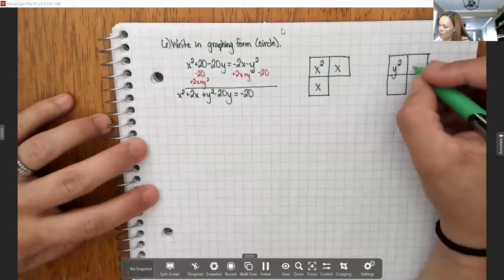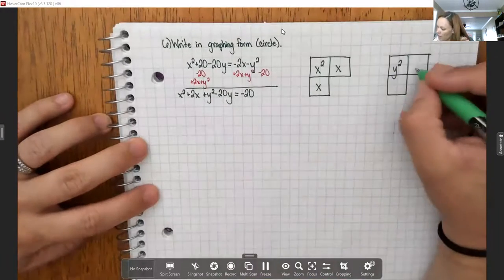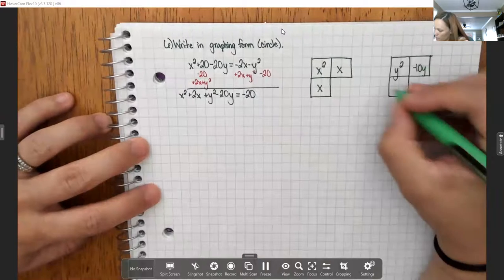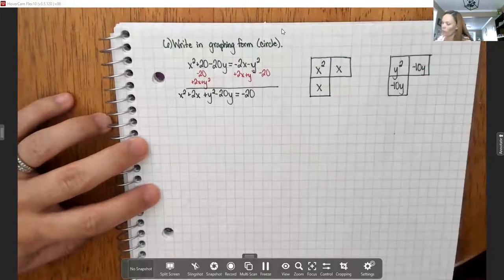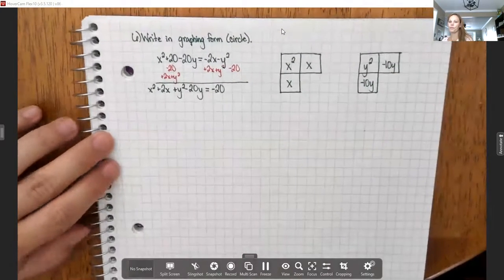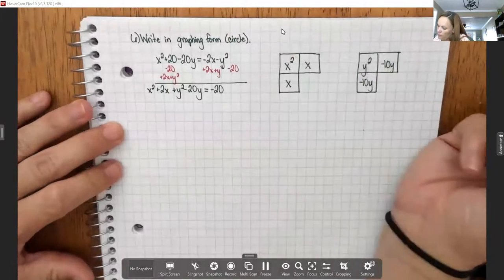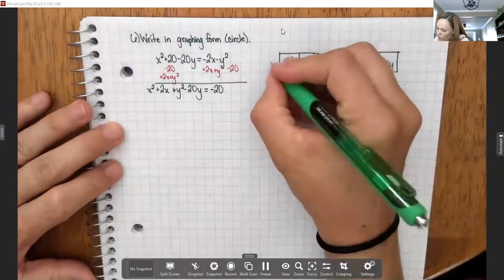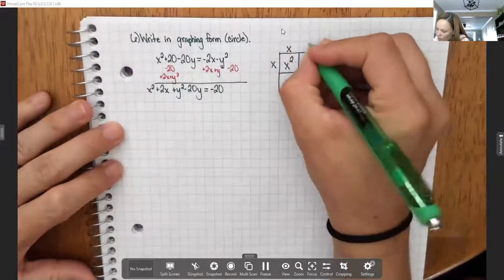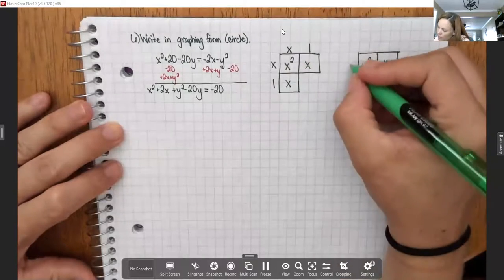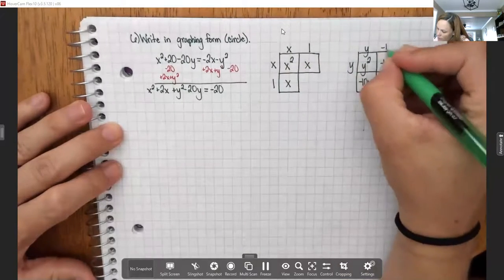For y, half of negative 20 would be negative 10y. So then you complete the square for your x's and you complete the square for your y's.